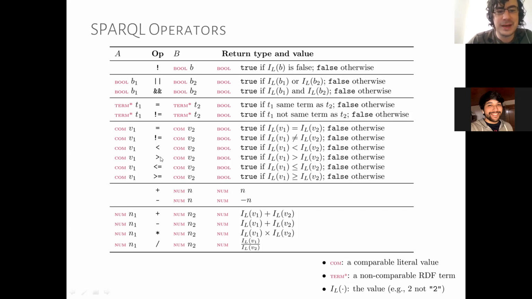So we have equals, not equals, and so forth, less than, greater than. Then we have plus and minus, the unary positive and negative to say if a number is positive or negative. And then we have sum, subtraction, multiplication, division in this case here.